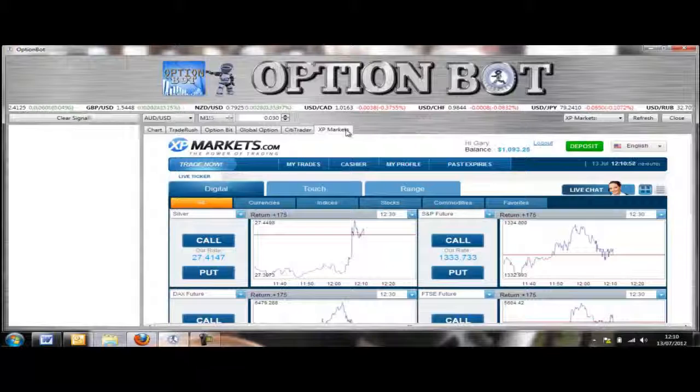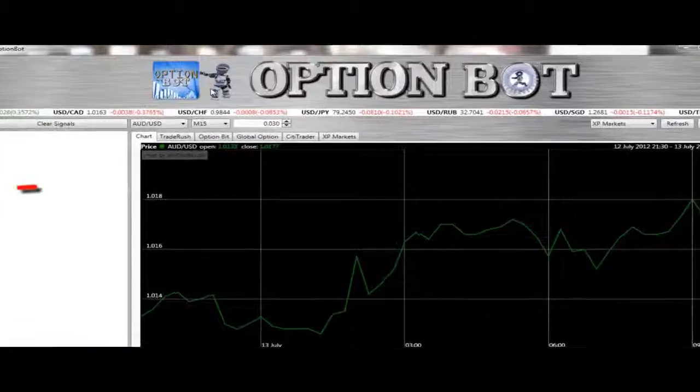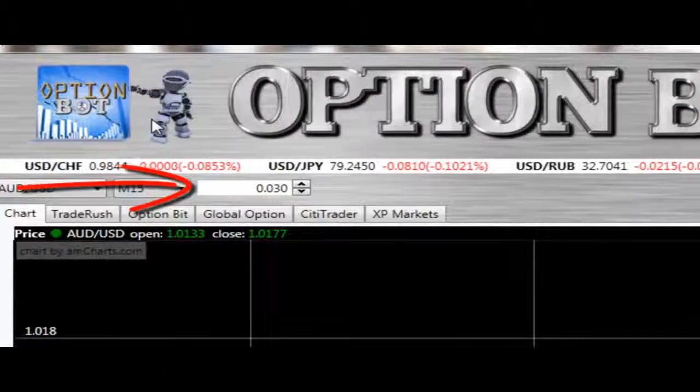So while I've been talking, the software has started analyzing data over the last 15 minutes, and it's looking for peaks and troughs, like you can see on the chart screen. Here you can set the parameter for the software to work to, and 0.030 is the equivalent to 3 pips. 3 pips is quite a large jump in currency terms.